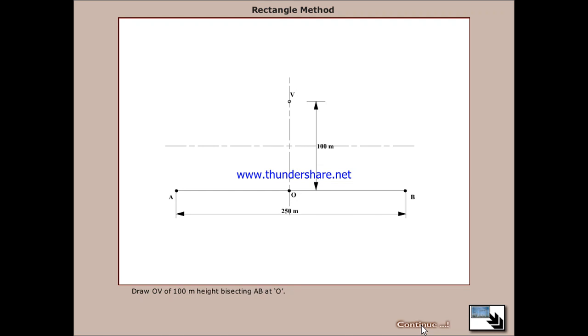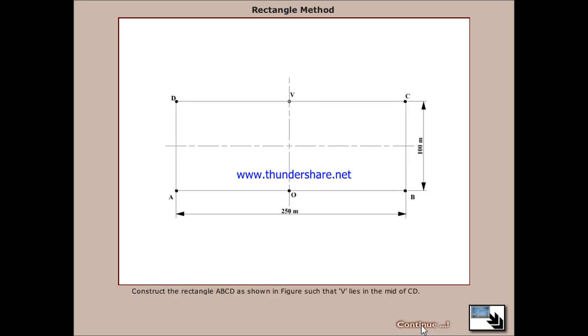Now draw OV of 100 meters height bisecting AB at O. Construct the rectangle ABCD as shown in the figure such that V lies in the mid of CD. Divide AB into any number of equal parts, say 4, at 1, 2, 3, and join V1, V2, V3. Divide AO into the same number of equal parts 1', 2', 3'.